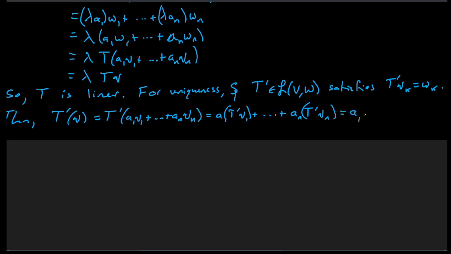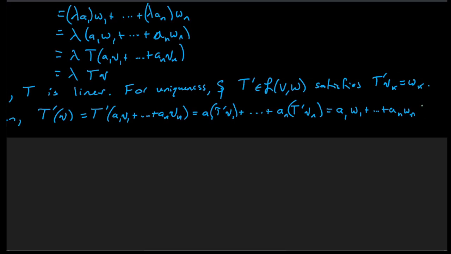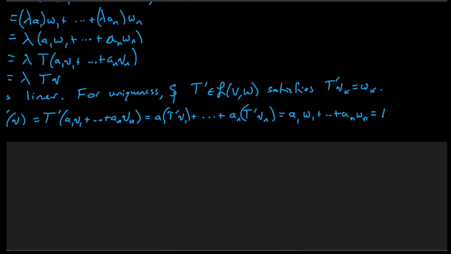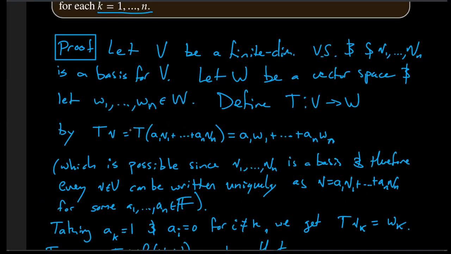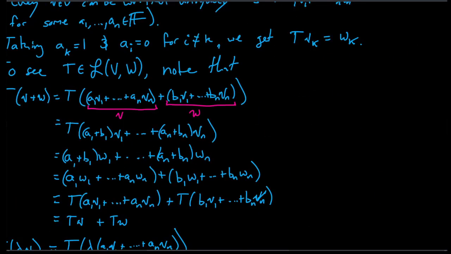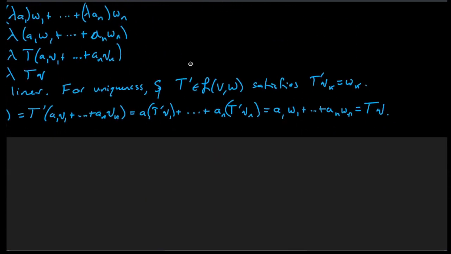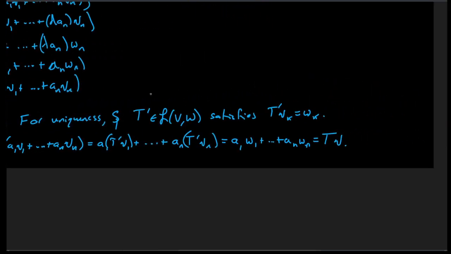And this is just A1 W1 plus dot dot dot all the way down to AN WN. But hey, wouldn't you know? That is how we define T of V, right up here. Oh, hey, would you look at that? So T prime of V is T of V.